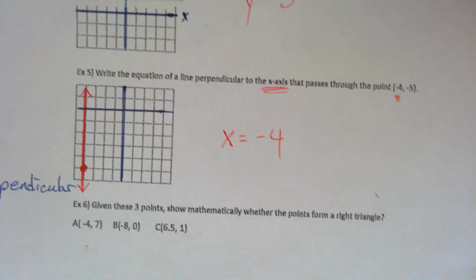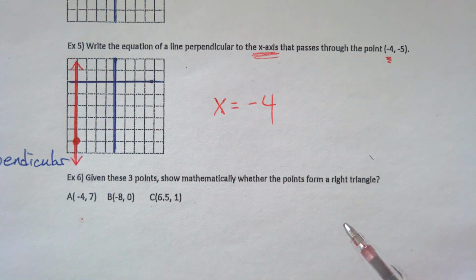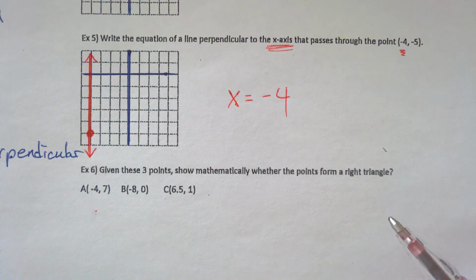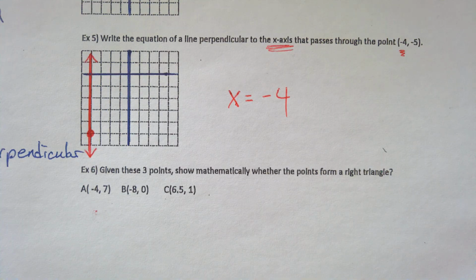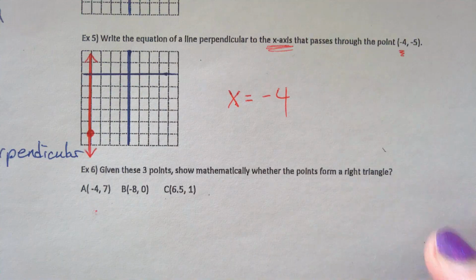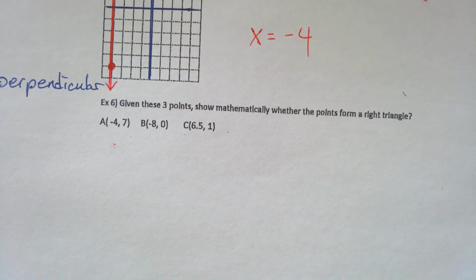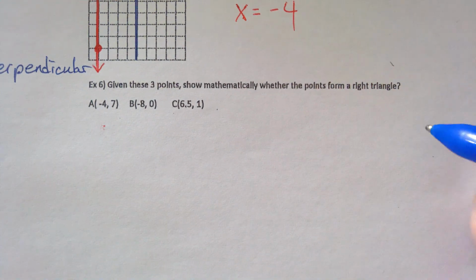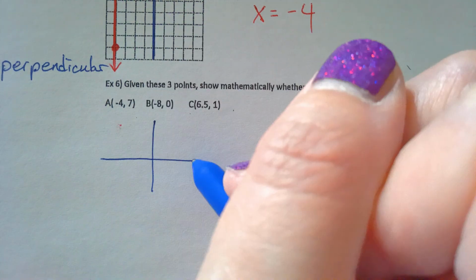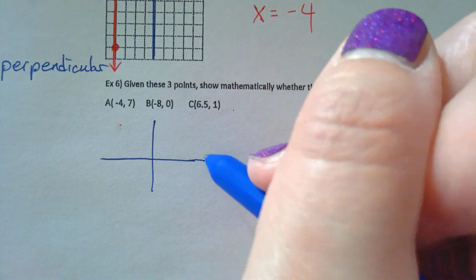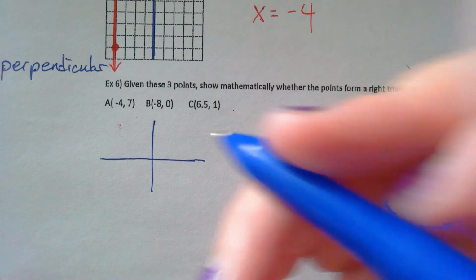Okay, last example. Given these 3 points, show mathematically whether the points form a right angle triangle. Do I have to graph these 3 points? No, but I could do a quick little sketch, because it will help me see the big picture a little better.